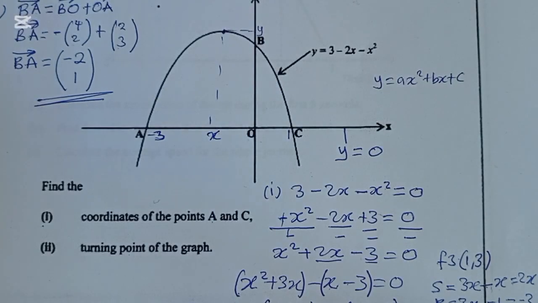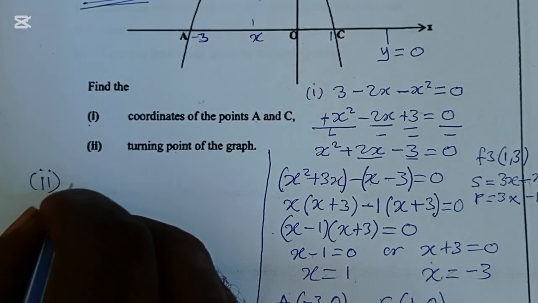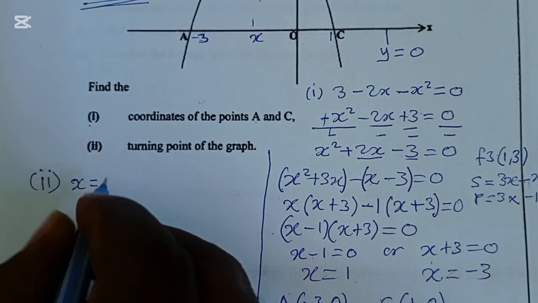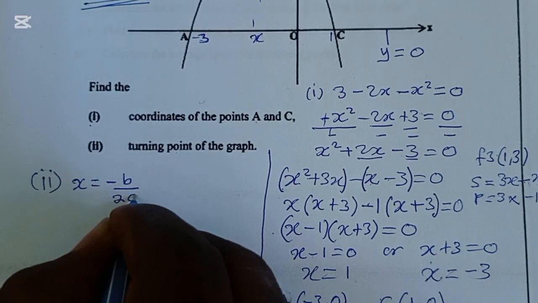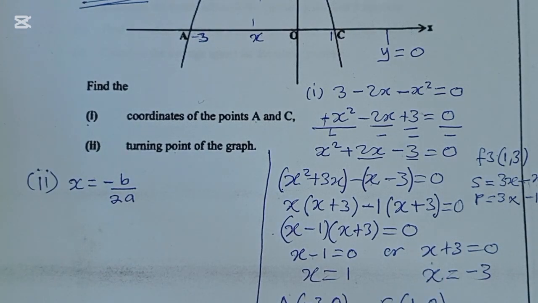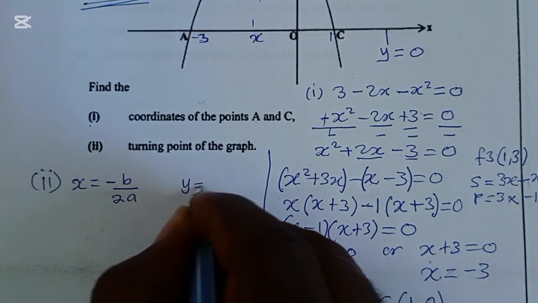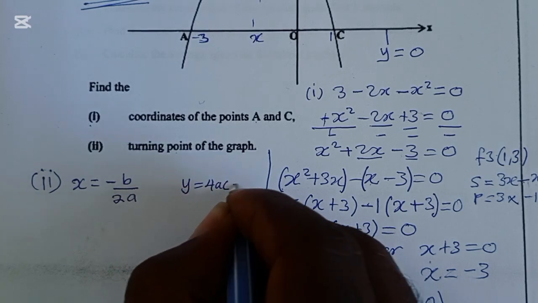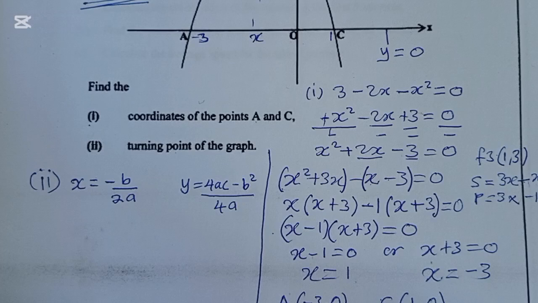So how do we find the value of x and the value of y for the coordinate of the turning point? To find the value of x, we use this formula, negative b over 2a. To find the value of y, we use this formula, y is equal to 4ac minus b squared over 4a.